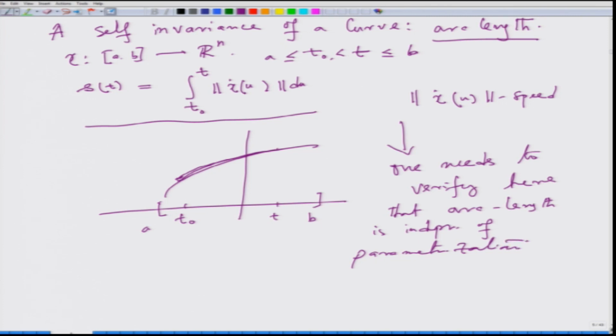Okay. That is easy to check actually, and I will put this as an exercise after I define reparameterization.